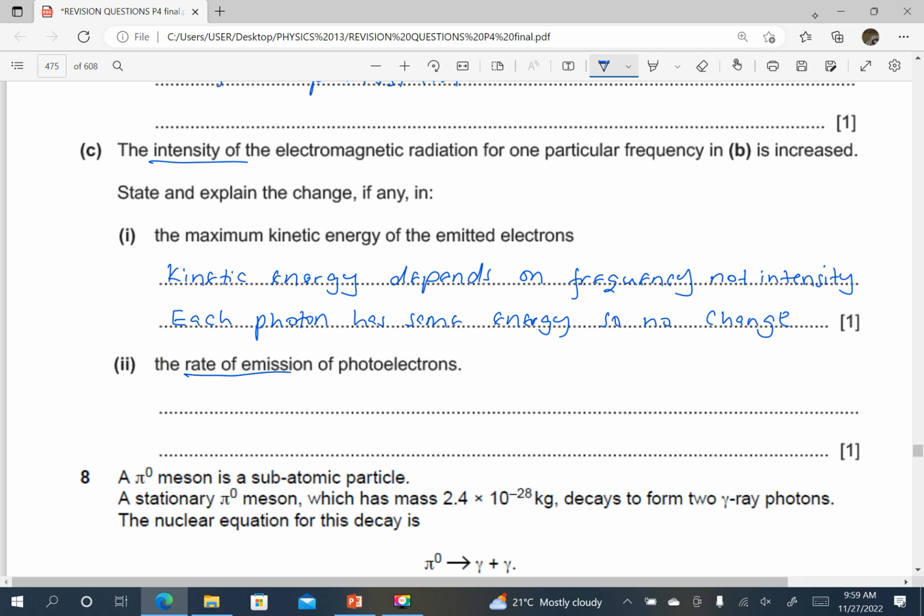There will be more photons per unit time, so the rate of emission increases.